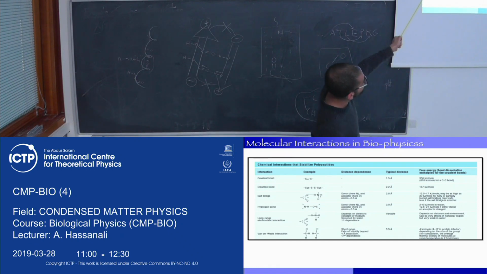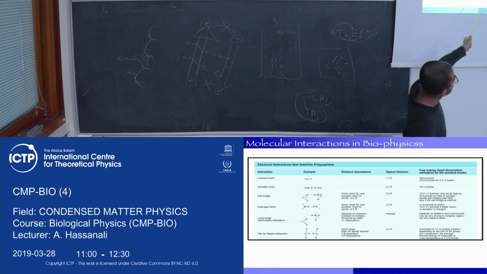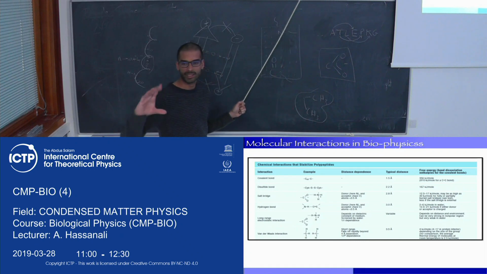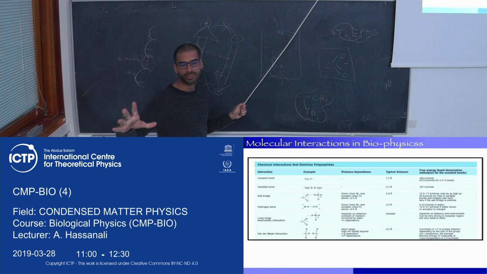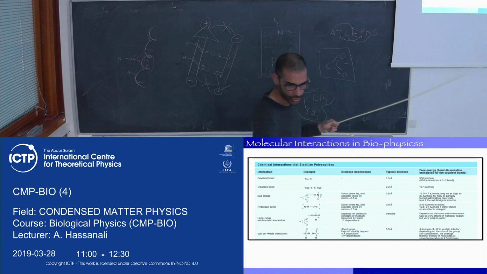There are other types of covalent-like bonds known as disulfide bonds. These are covalent bonds that form between sulfur atoms. We'll talk about this shortly, but they are weaker in strength. Typically the length of the covalent bond is correlated with how strong it is: shorter, stronger.